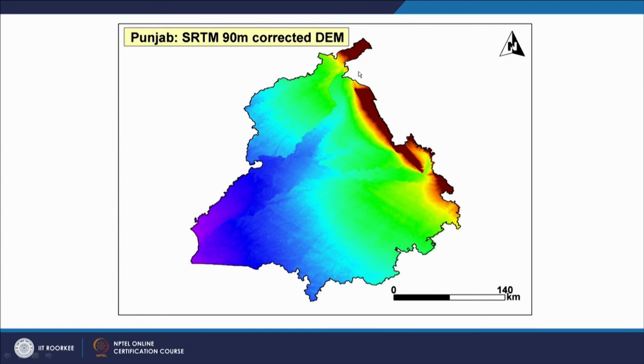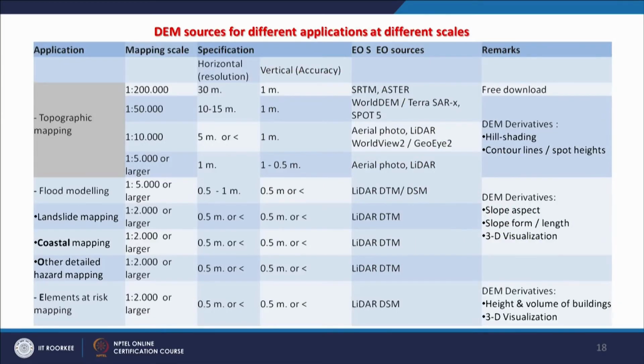Except for very little in this northeast part, you have some simple small hills. So the radar data didn't have any problem, and therefore not many corrections are required, and a perfect digital elevation model at 90 meter or 30 meter can be used.